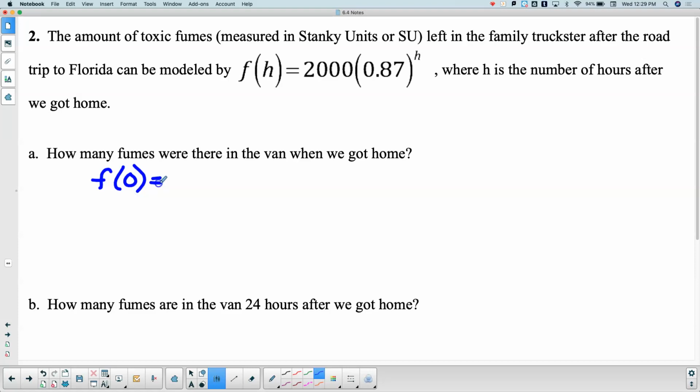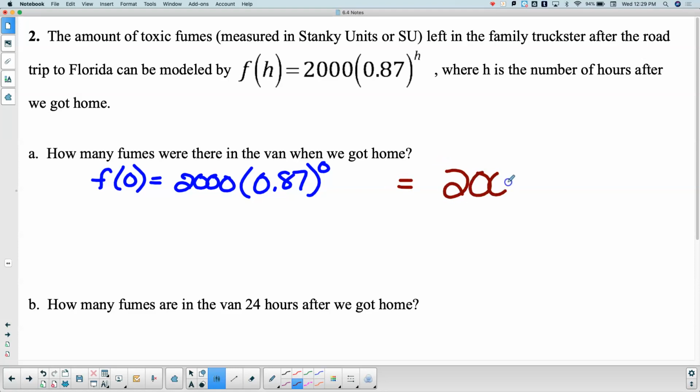The starting value, 2,000 times 0.87 to the 0 power. Anything to the 0 power is 1. 1 times 2,000 is 2,000. So there's 2,000 stanky units of fumes in the van the moment we got home. Okay?